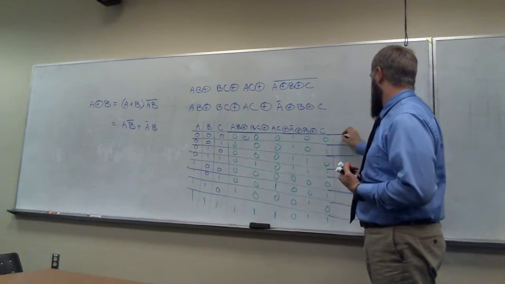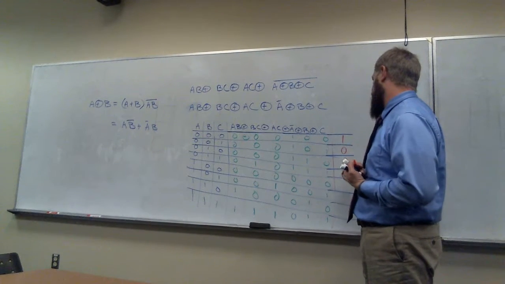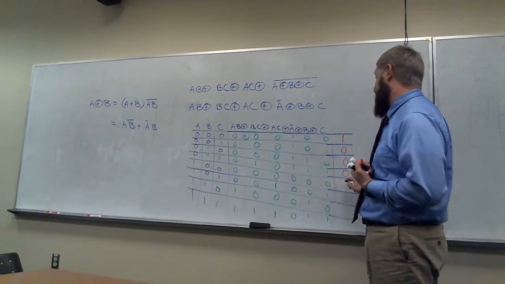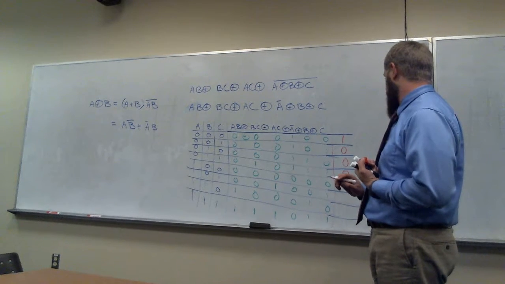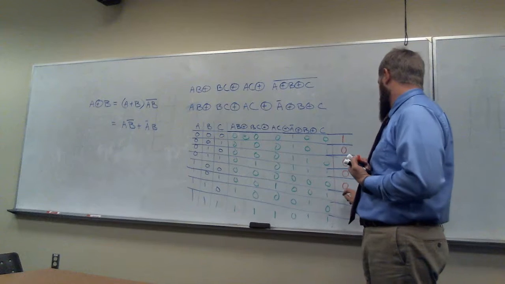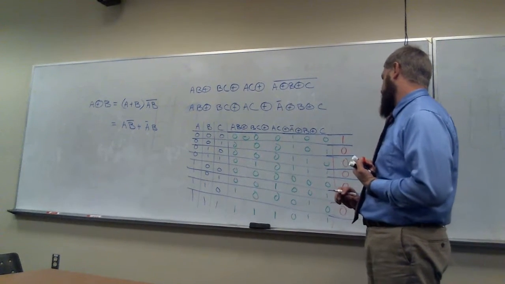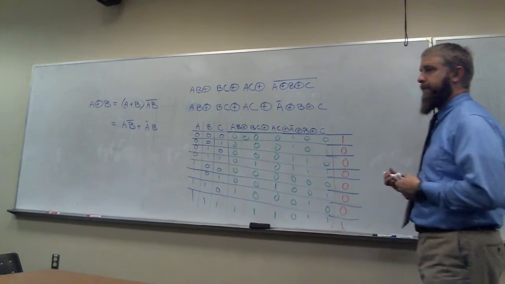So 1, true. 2, false. 2, false. 1, 2, 3, 4, false. All zeros? False. 1, 2, false. 1, 2, false. 1, 2, 3, 4, 5, true.